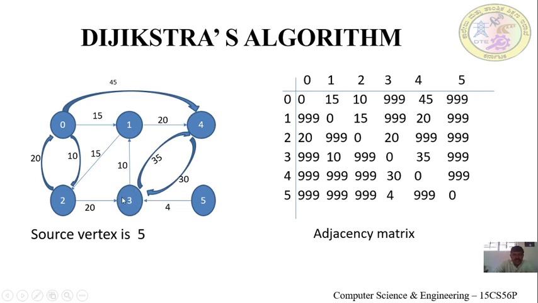After reaching 3, we add this vertex to S, the visited vertices. Okay, so we find the distance of 1 and 4 via 3, because 1 and 4 have a directed edge via 3.